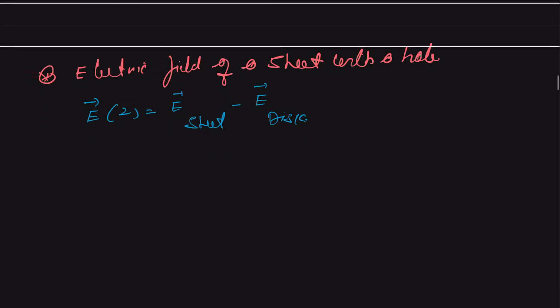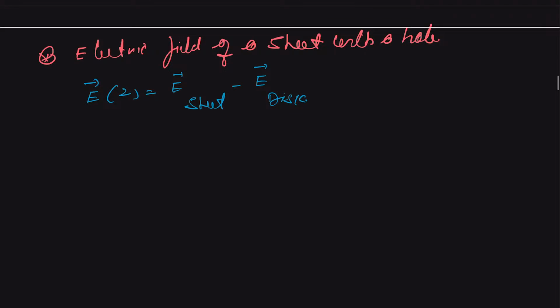And we can just substitute because we found out both. This is sigma upon 2 epsilon naught minus sigma upon 2 epsilon naught times 1 minus z upon the square root of z square plus r square.